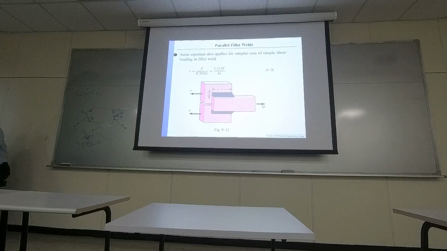So this is another geometry where you have symmetry from top to bottom. You can cut this system into half. Then for the upper part, you have F going right, you have half of 2F. So basically F going right.